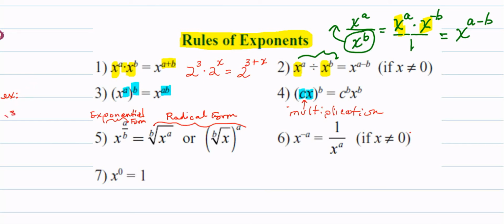Let's say I have the cubed root of y to the 5th power. Think of that root symbol: the number 3 is called the index. Let's remind ourselves of that.